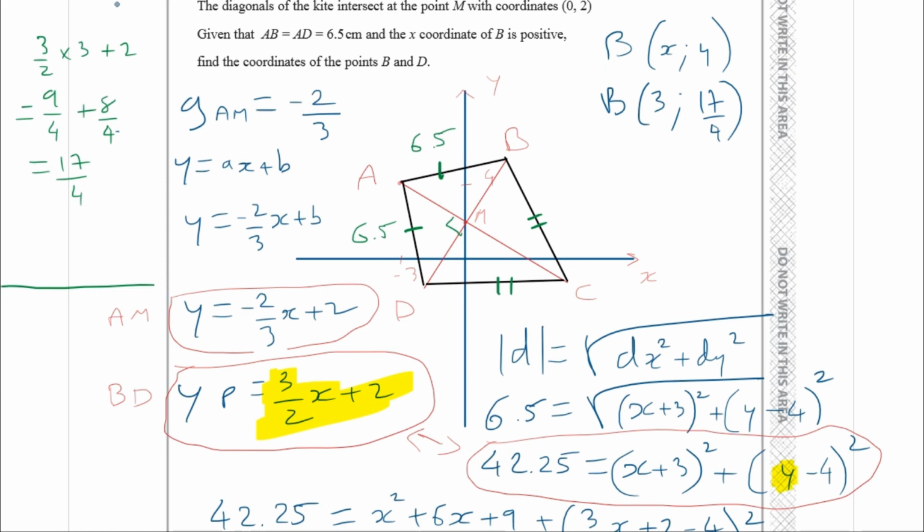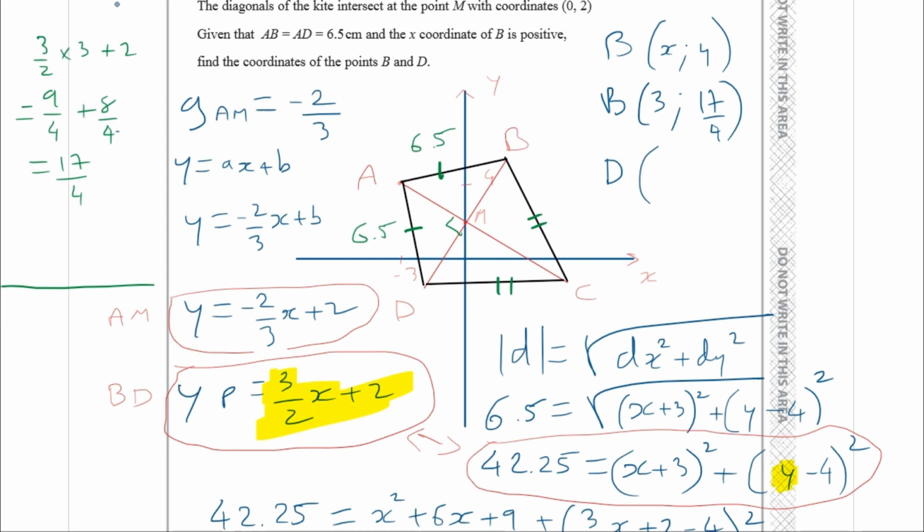And a thing that you know here is that D is on the other side. Remember, we're looking for the coordinates of B, but we're also looking for the coordinates of D. And D is equidistant to B, so the midpoint is 0, 2. So how far do you have to be from 0, 2 for the x coordinate to be 0? Well, you can simply use averages here, and that's quite nice.